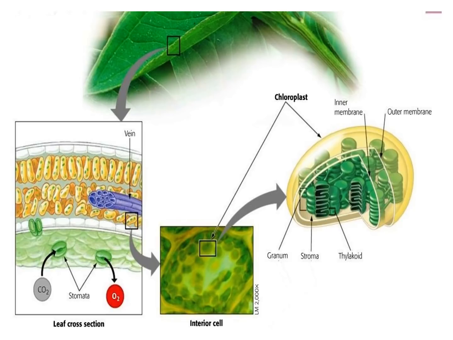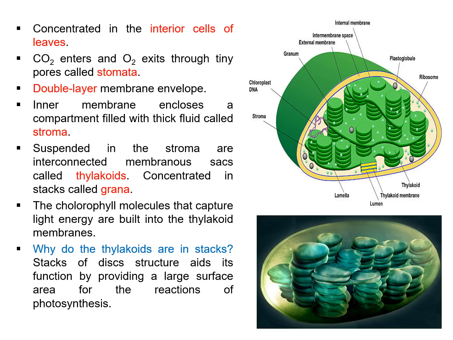They call it granum, and they are suspended in the space called stroma, covered by the inner membrane as well as the outer membrane. This is the detail of the chloroplast.